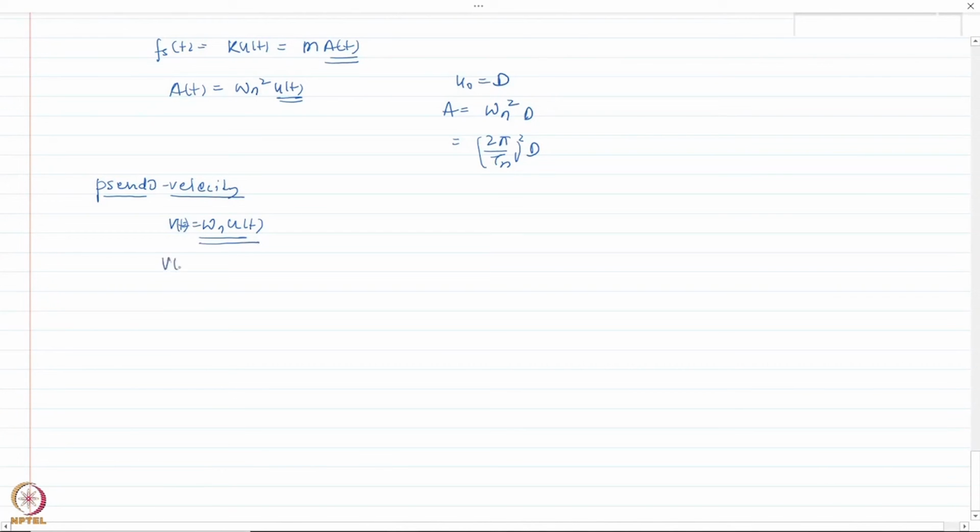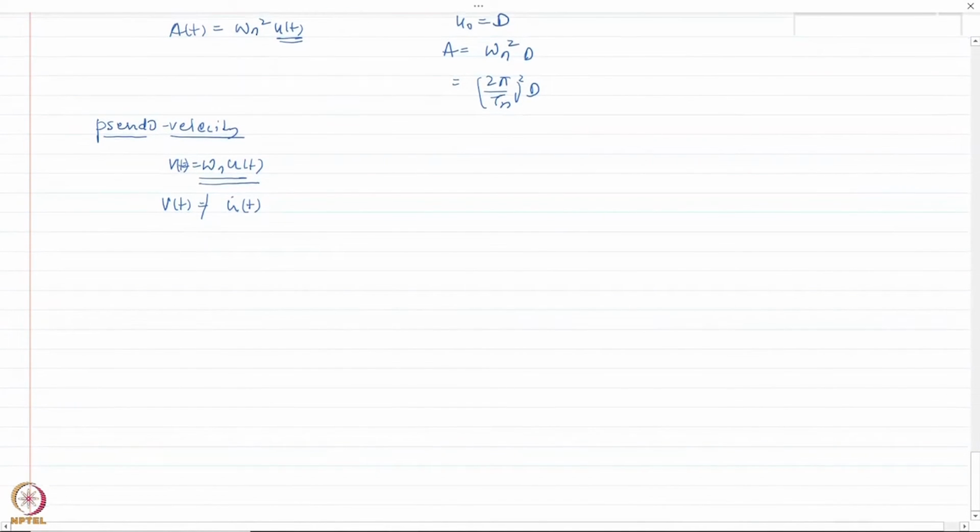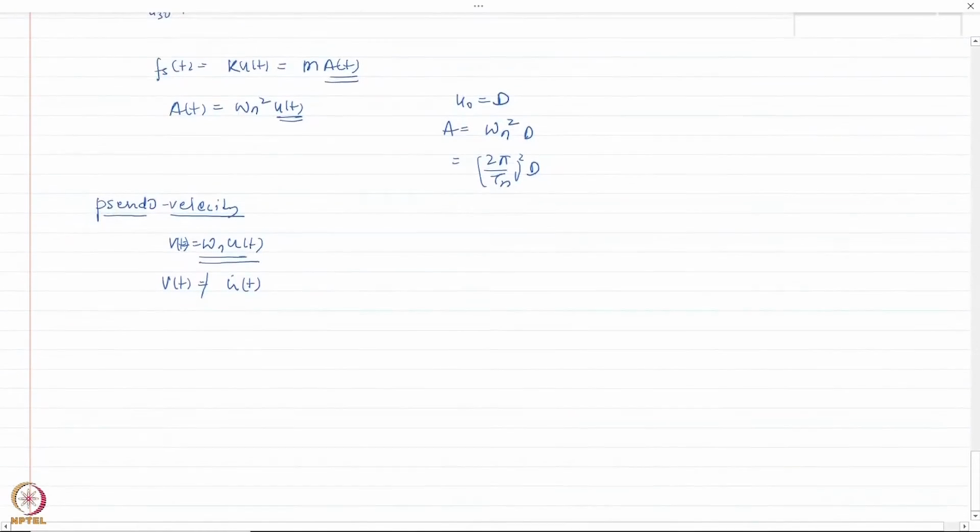However, V(t) is not actually the relative velocity in the system, so do not get confused. That's why I refer to this as pseudo velocity and not the absolute or relative velocity. So I can get the pseudo velocity spectrum as well.